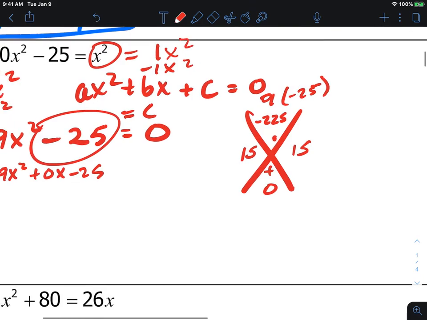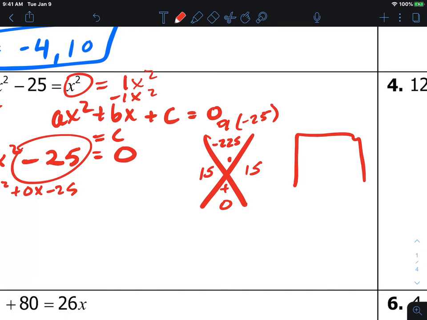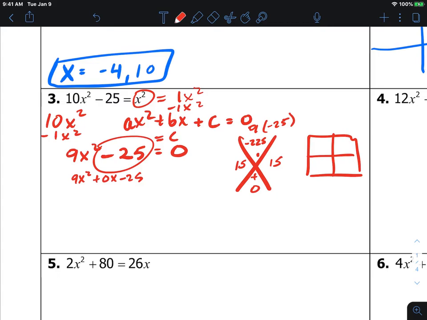But this is one of those problems where we would have to go and use Xbox factoring, right? But wait a minute, hold on. What's so special about 9? What's so special about 25? Well, what's so special about them is I have to remember a squared minus b squared.